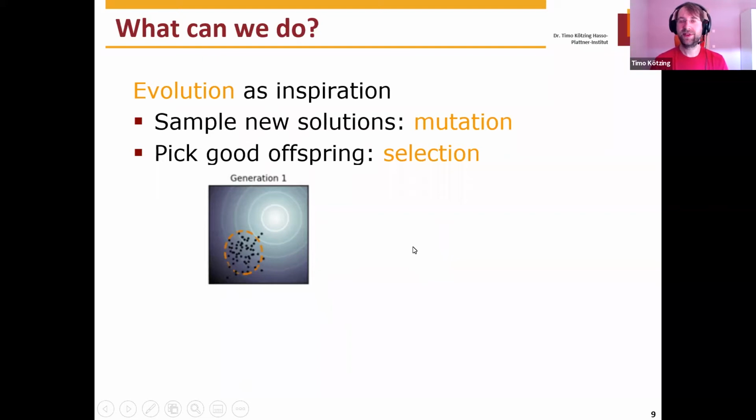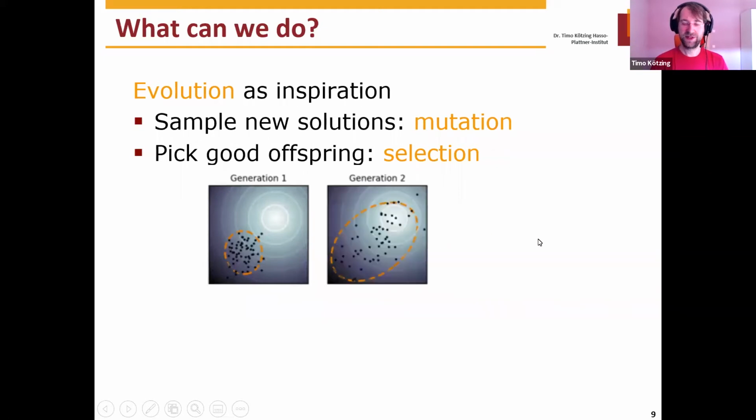Then you evaluate them all, so all 20 or 30 of these points, you throw into your black box and ask how good are they? And you see that, okay, the ones closer to this white light are better, the ones further away are worse. Now what you do is you change the ellipse with which you want to sample. You say, oh, more this way, more this way. And then you sample in this area.